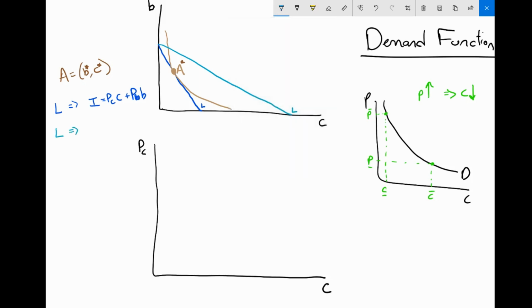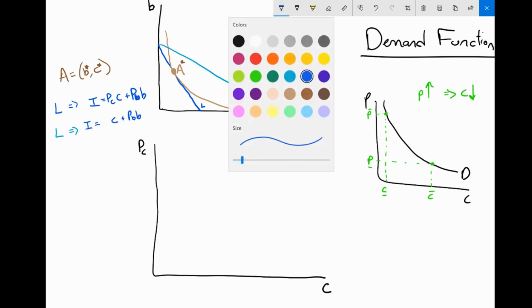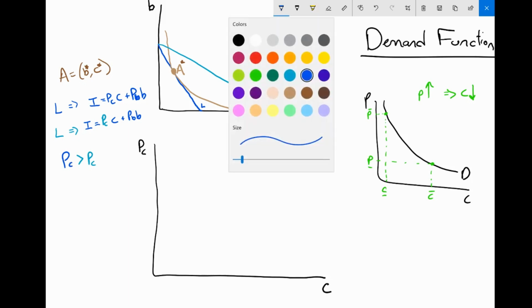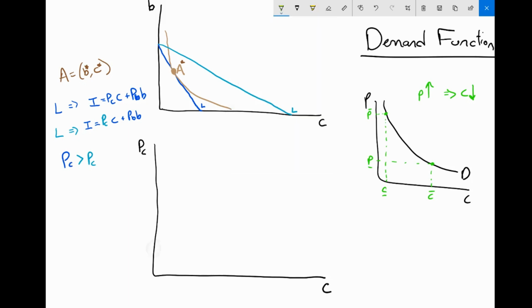The income level is the same. The price of bagels is the same, but the price of coffee is now decreasing. So the light blue PC is less than the dark blue PC. I'm using the color to distinguish between them. I hope you're following me. So the price has gone down from the dark blue PC to the light blue PC.